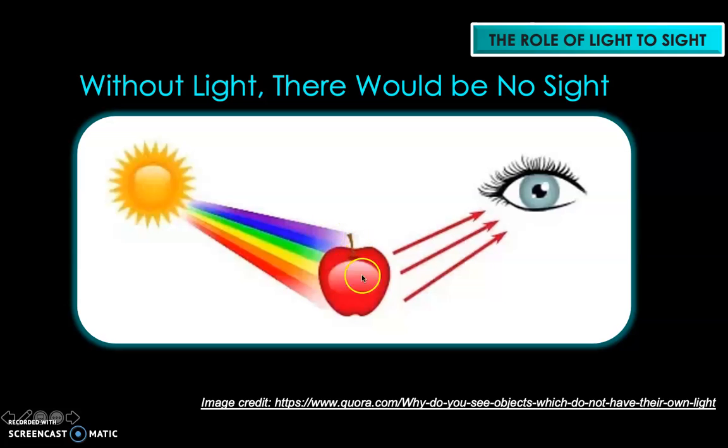And once they get reflected in various directions, when they hit your eye, they will send a message to your eye and eventually to your brain that this is how the apple looks like, this is what the color of the apple is, etc. So I'd like you to think of light waves as messengers or signal transmitters. Of course, we won't go beyond the technicalities of that, but basically, everything that we see has something to do with the interaction between light and matter. So it's the role of light when it comes to sight. Without light, there would be no sight.